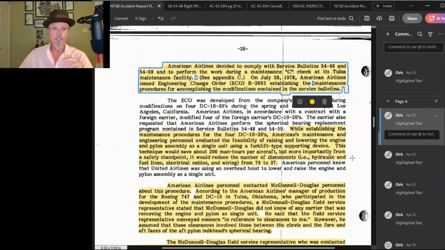While establishing the maintenance procedures for the 4 DC-10-30s, American's maintenance and engineering personnel evaluated the feasibility of raising and lowering the engine and pylon assembly as a single unit using a forklift type supporting device. This technique would save about 200 man-hours per aircraft, but more importantly, from a safety standpoint, it would reduce the number of disconnects, hydraulic and fuel lines, electrical cables, and wiring from 79 to 27.